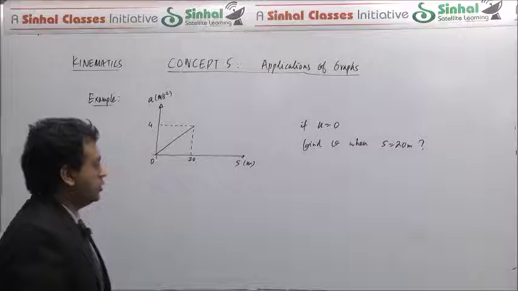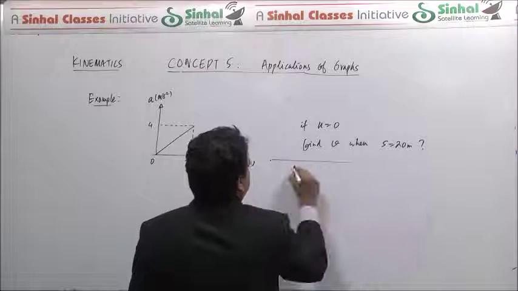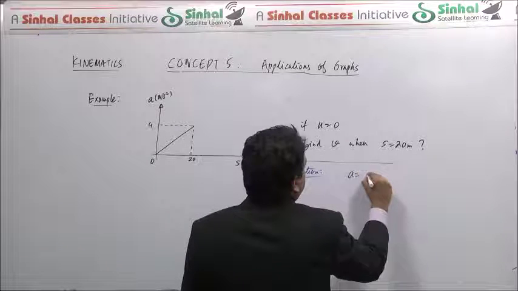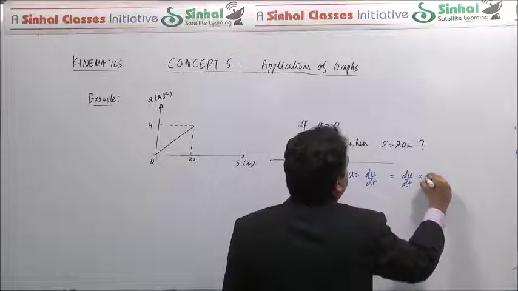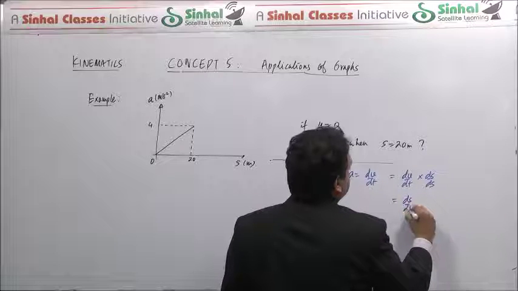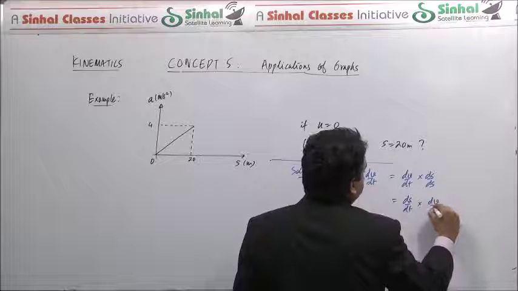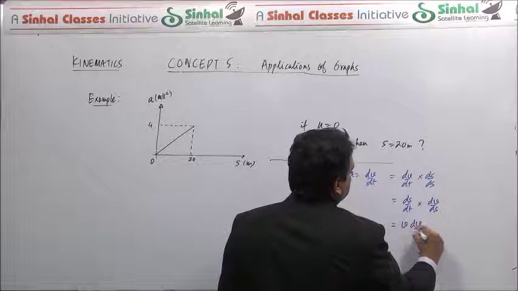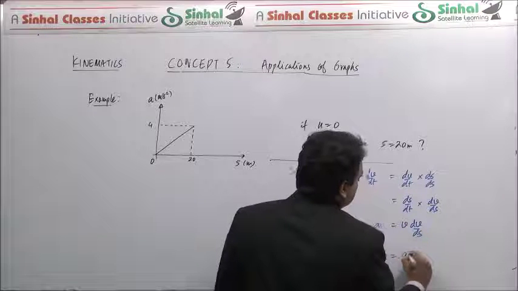Now for this we should recall that since a is dv by dt, we can also write it as dv by ds into ds by dt, which is v dv by ds. So acceleration can be written this way, and v dv is a ds.